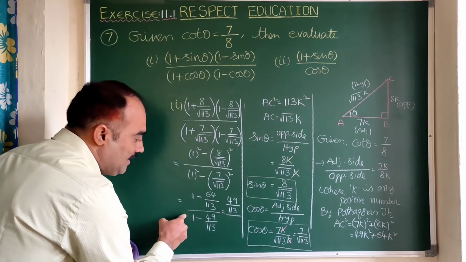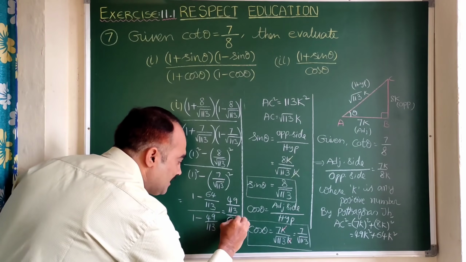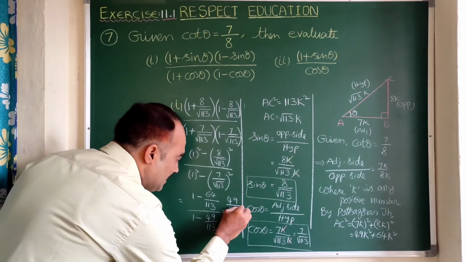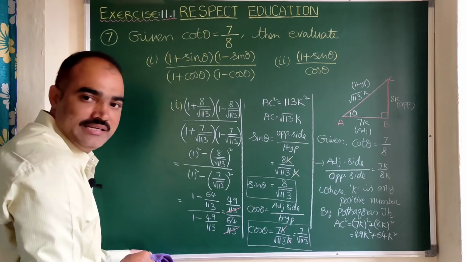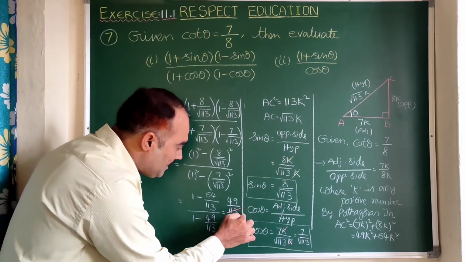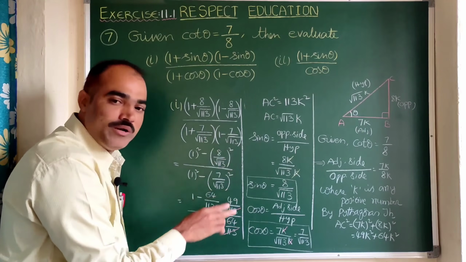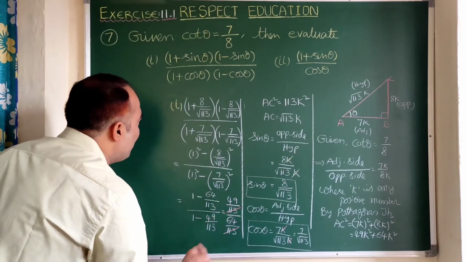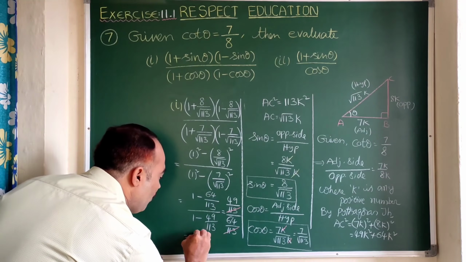By 113 minus 49 is 64 by 113. So here let us cancel under 113 and 113. If you just write into and make it reciprocal the denominator, then also they both will get cancelled. So here finally we got 49 by 64.